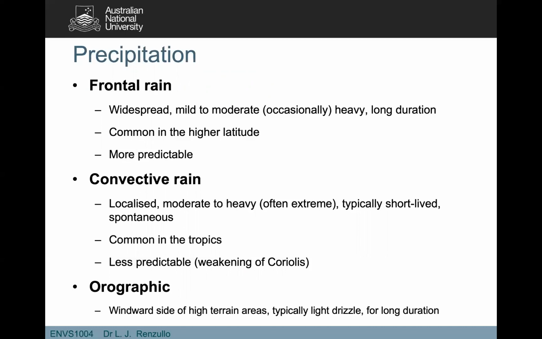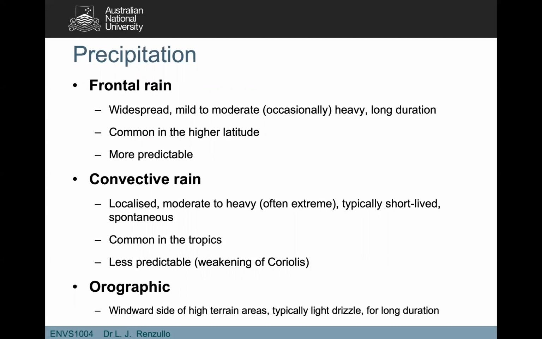And you'll recall from our last lecture, in the higher latitudes, pressure systems tend to persist, forming these stratiform clouds that are more predictable because they follow the pressure patterns that stick around a lot longer.